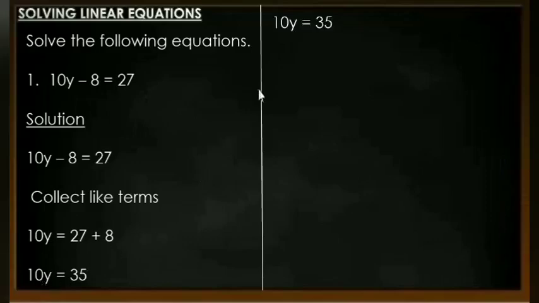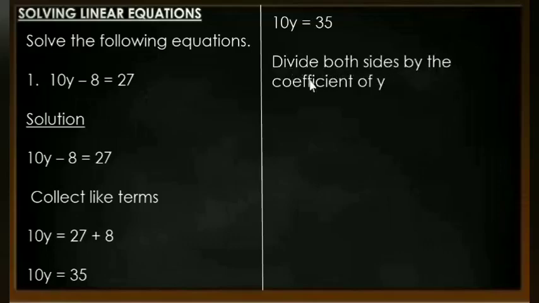So I have decided to rewrite this same expression here so that we'll have a very good understanding. You will divide both sides by the coefficient of y. What is the coefficient of y? We've said that the coefficient of y is the number that is attached to y.